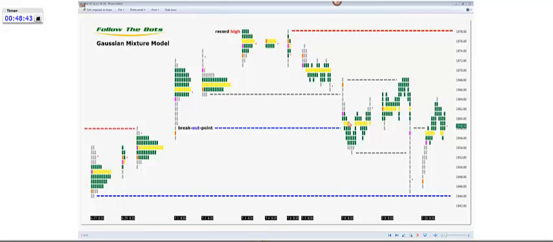Now, that said, I want to switch the conversation over now to what we generally do and talk to you a little bit more specifically about how we trade the market and what's behind our approach to the market.